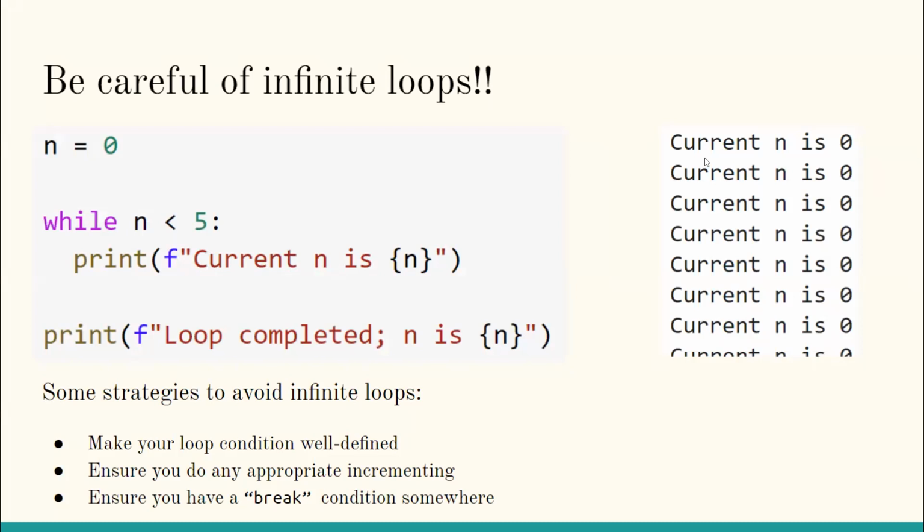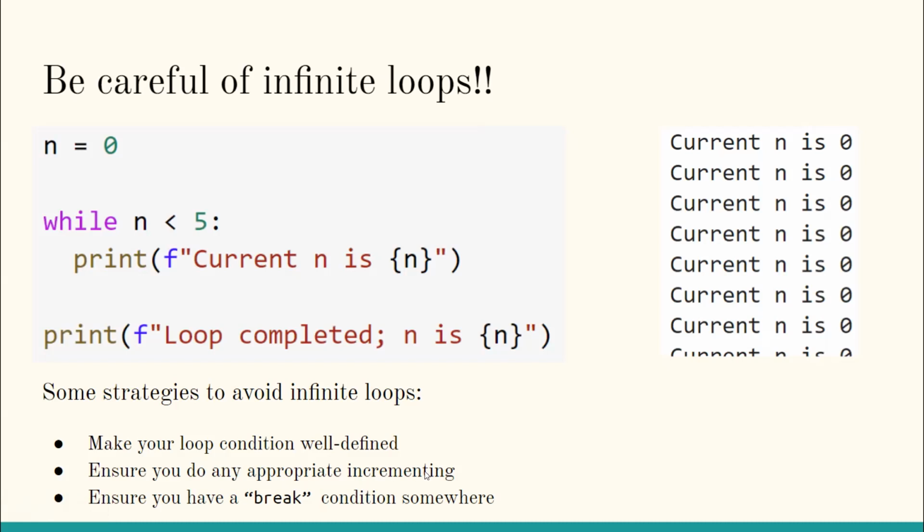So how do we avoid this infinite loop? First, make sure your loop condition is well defined. This would be this Boolean expression. Make sure that it's actually measuring something, or comparing two things, and that it's not just set to true, or set to 0 equals 0. Also make sure that you're doing appropriate incrementing.